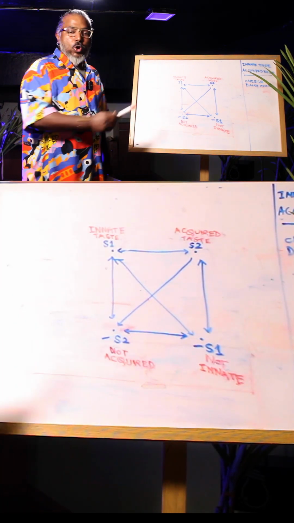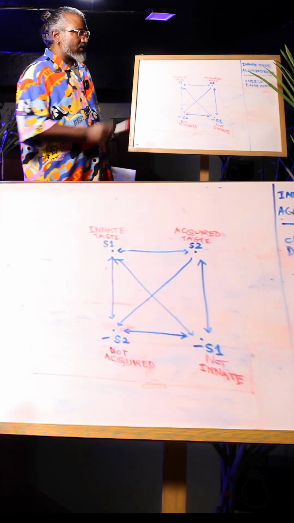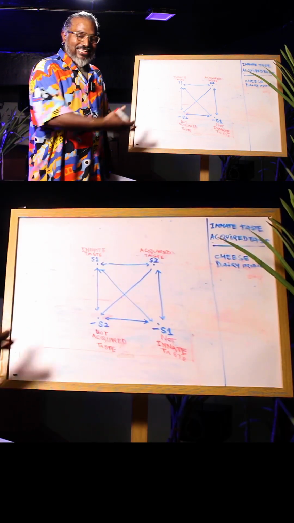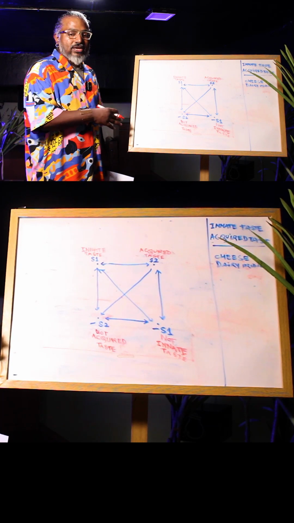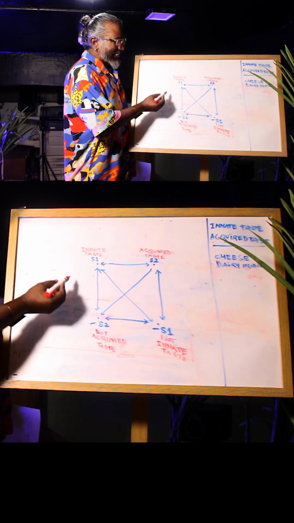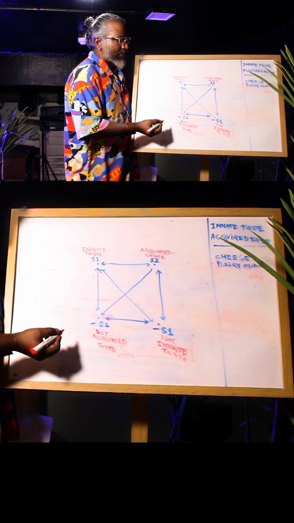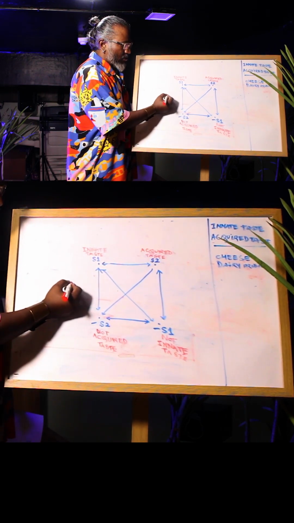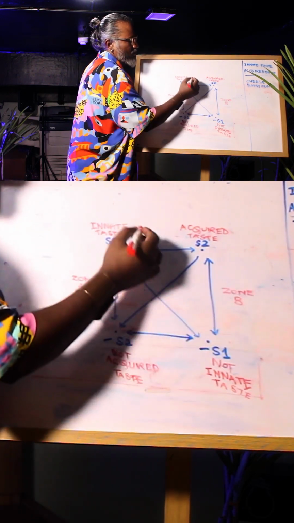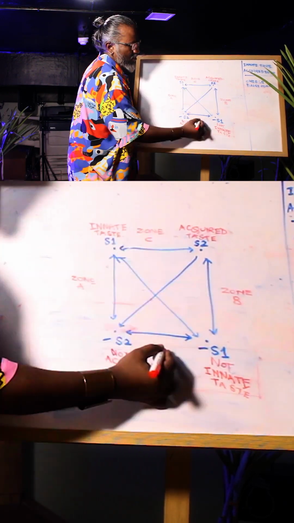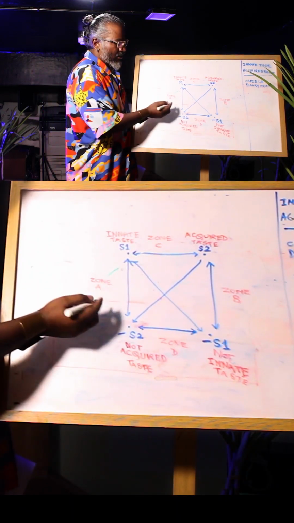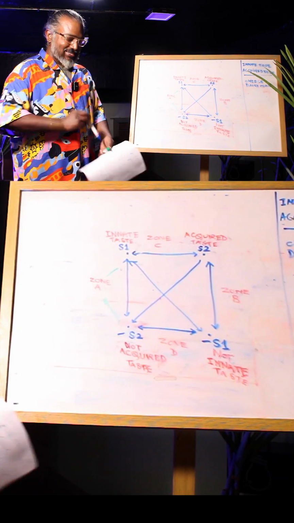So now our semiotic square has one layer complete. The second layer of using this tool is to try to understand these zones. For example, we can name them zone A, zone B, zone C, zone D. Let's look at zone A, innate taste.